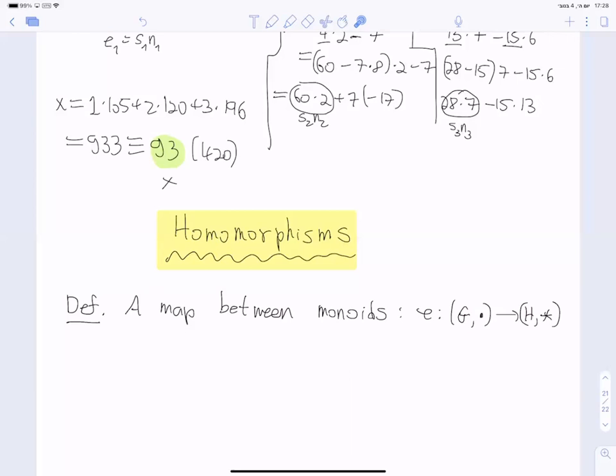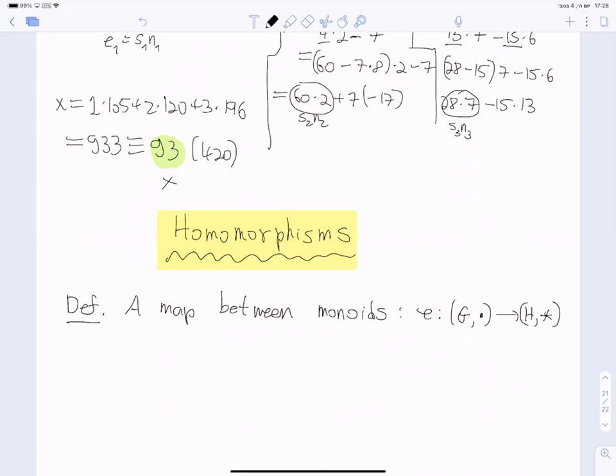It has the associative rule, and also it has a neutral element with respect to this operation, but not all elements are necessarily invertible. This is a monoid. It's one step before a group. If you take the invertible elements of this, you will get a group.